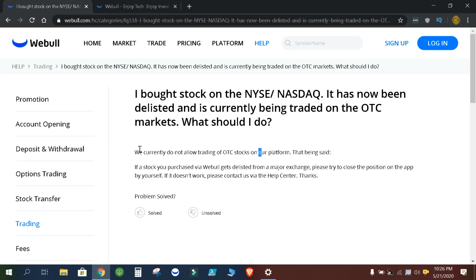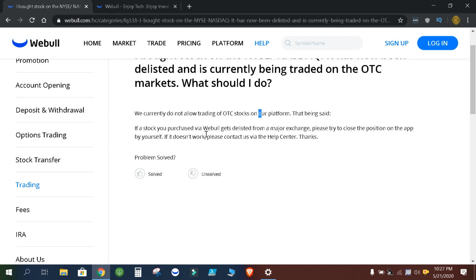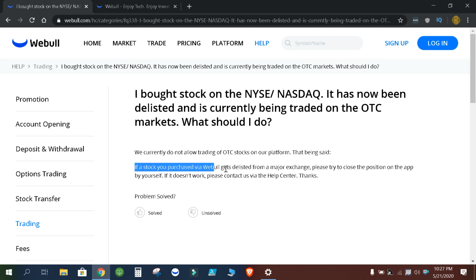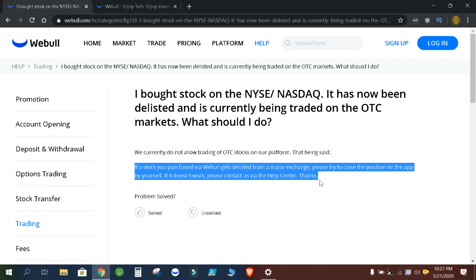So if you're trading a really risky NYSE or Nasdaq stock and it goes down to an OTC, it says try to close the position in the app by yourself. It doesn't work. Contact Help Center. What this really means, translation is, I'm not going to say it, but it involves your, and the next word is F, you, and then ends with a D.